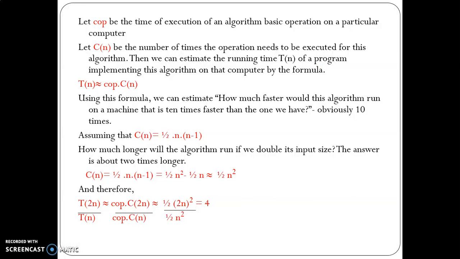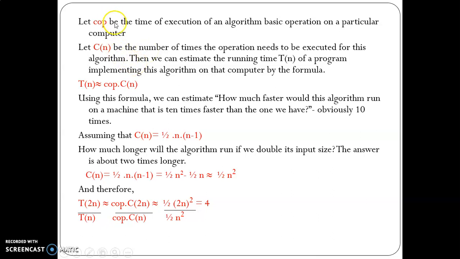So let us start. First of all, let us try to understand how an algorithm's complexity will increase if there is a change in the size of the input. Let us say that the time of execution of an operation is C_op for an algorithm's basic operation, and C(n) is the number of times the operation needs to be executed for the given input size.